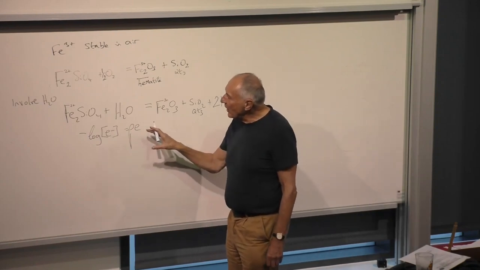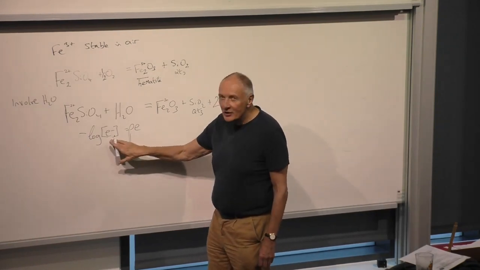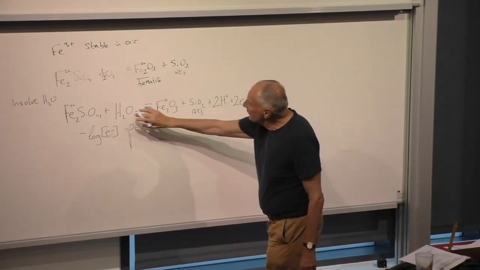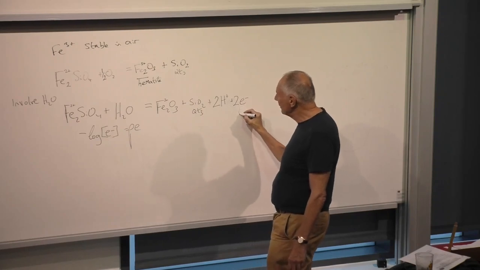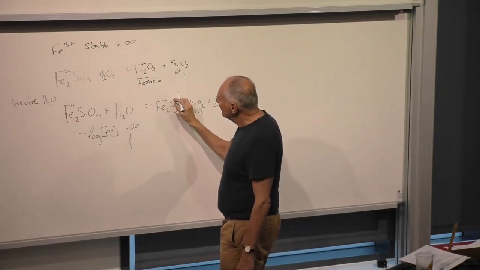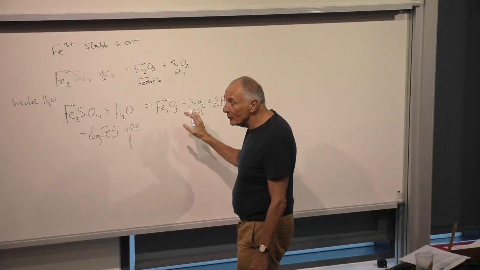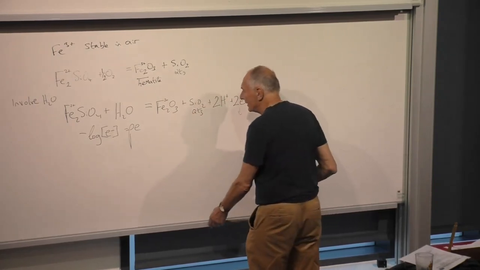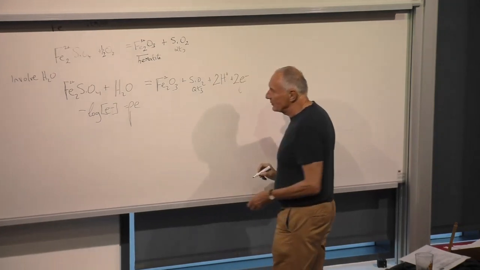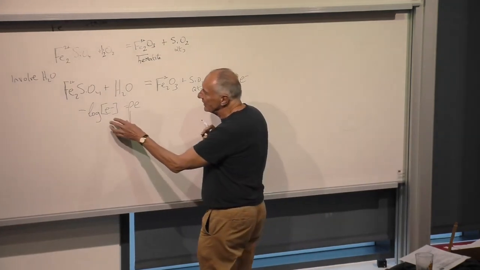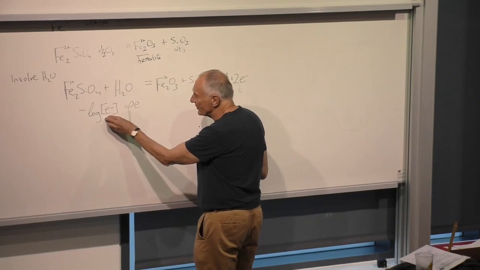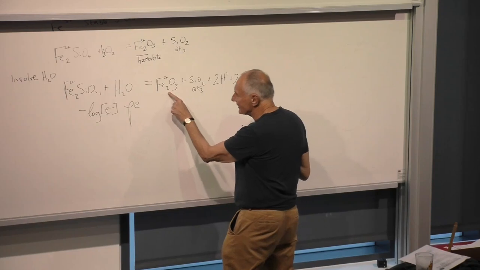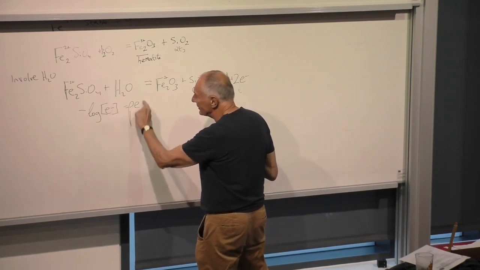If pE is very high, it means the electron concentration is low, and if this is low, it pulls the reaction this way. So the oxidized form is stable at high pE. Counterintuitive. All right. So what's happening is a low electron concentration, low electrons, means that this is low, which means that's stable, which means that this pE is a high number.